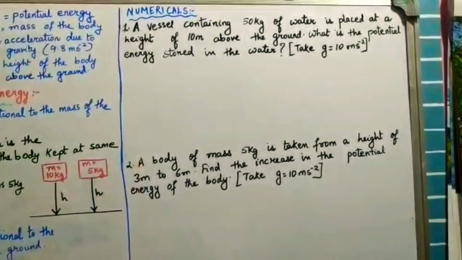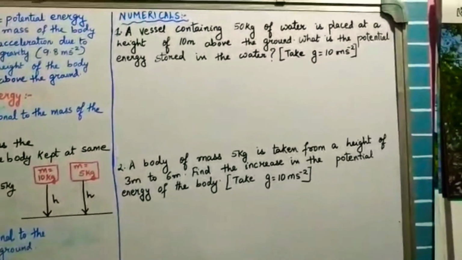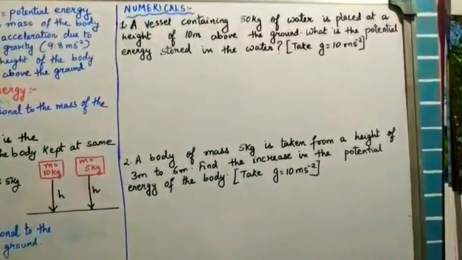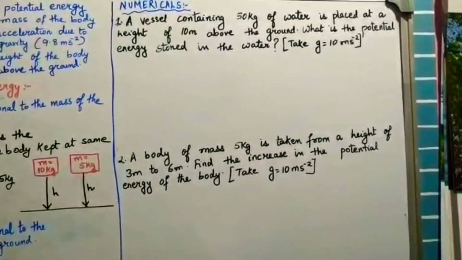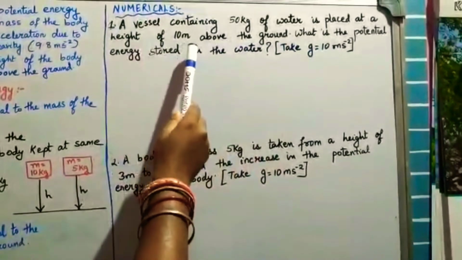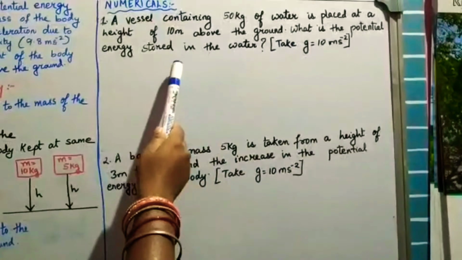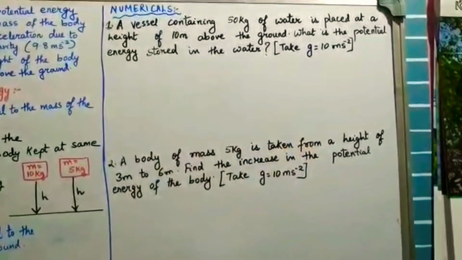Again, just like in kinetic energy, those who want to do it before me can pause the video over here and do it before me, and then you can go on to check the answers. So the first question says, a vessel containing 50 kg of water is placed at a height of 10 meter above the ground. What is the potential energy stored in the water? Take g equal to 10 meter per second square.